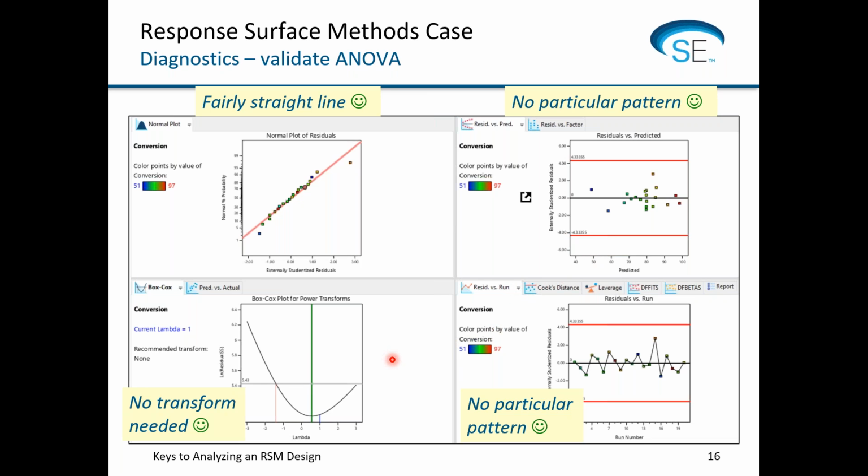Okay. The fourth plot, which is super important to look at, is down in the lower left-hand corner. It's called the Box-Cox plot for transformations. So it evaluates a series of transformations like the inverse and the inverse square root and a square root and a log, just a set of transformations, and tries to identify the transformation that gives you the least amount of error.